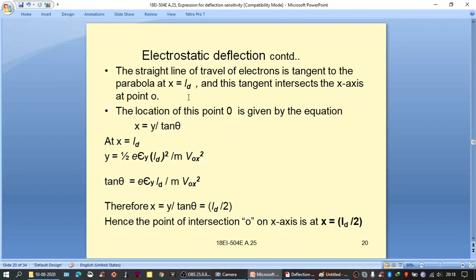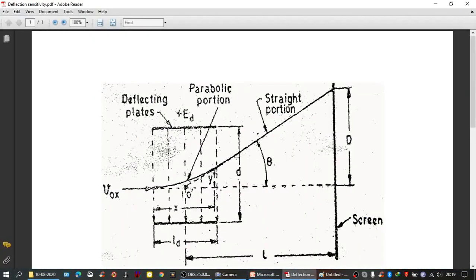The straight line of travel of the electrons is tangent to the parabola at x equal to LD, and this tangent intersects the x-axis at point O. That is, when you draw a tangent line here following the same slope, it intersects the x-axis at a point O.